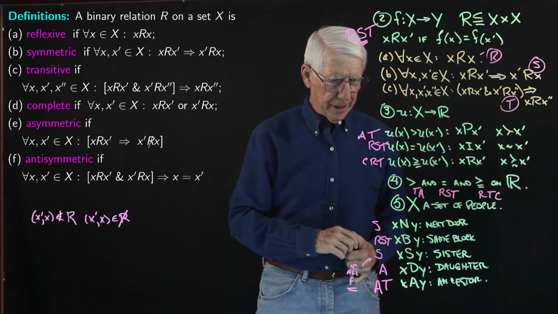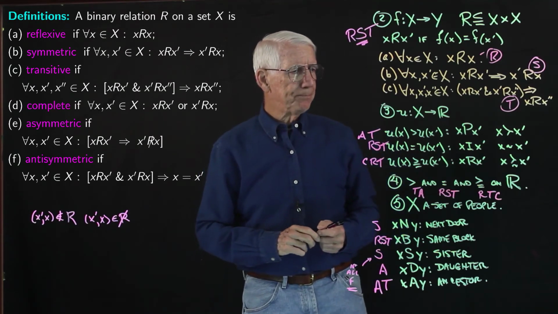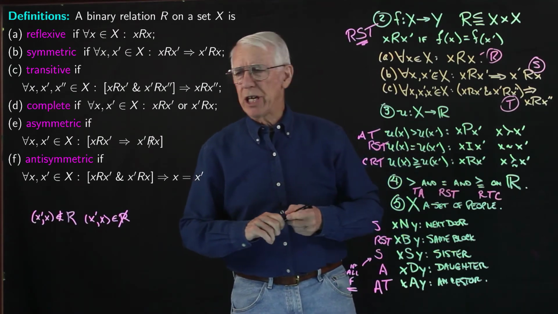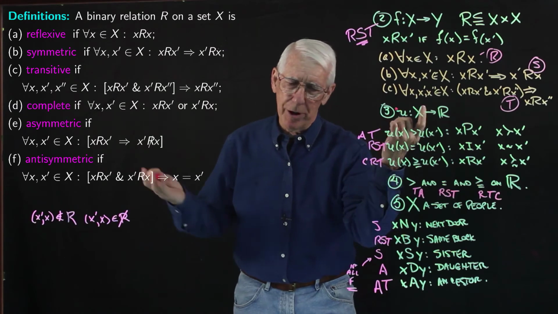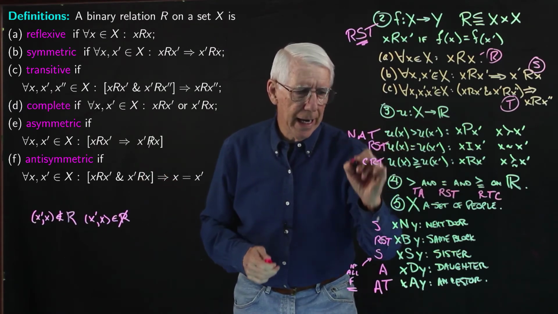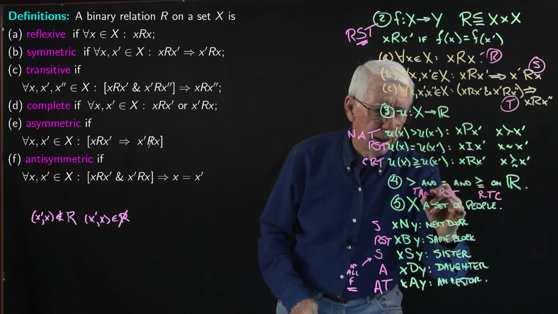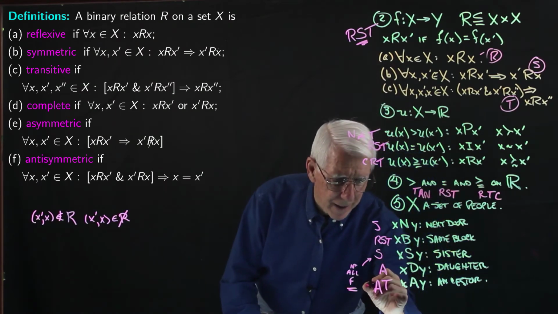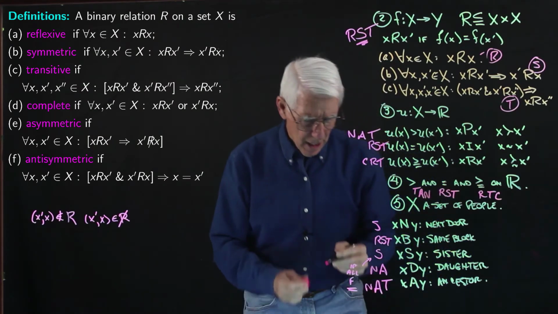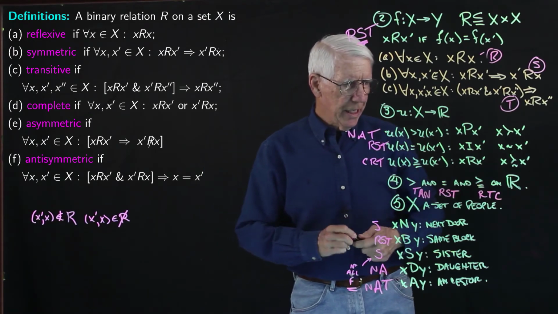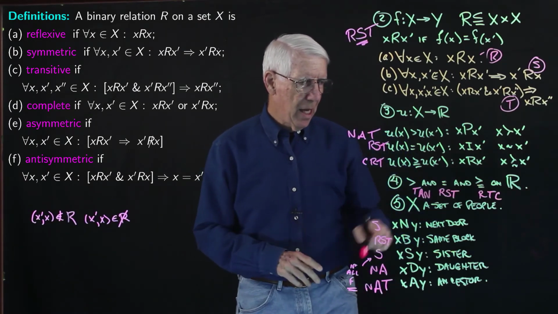Are there other antisymmetric ones? I'm going to use N for antisymmetric because I've already used A. So antisymmetric, antisymmetric, antisymmetric, antisymmetric. There are two more relations here that are antisymmetric.